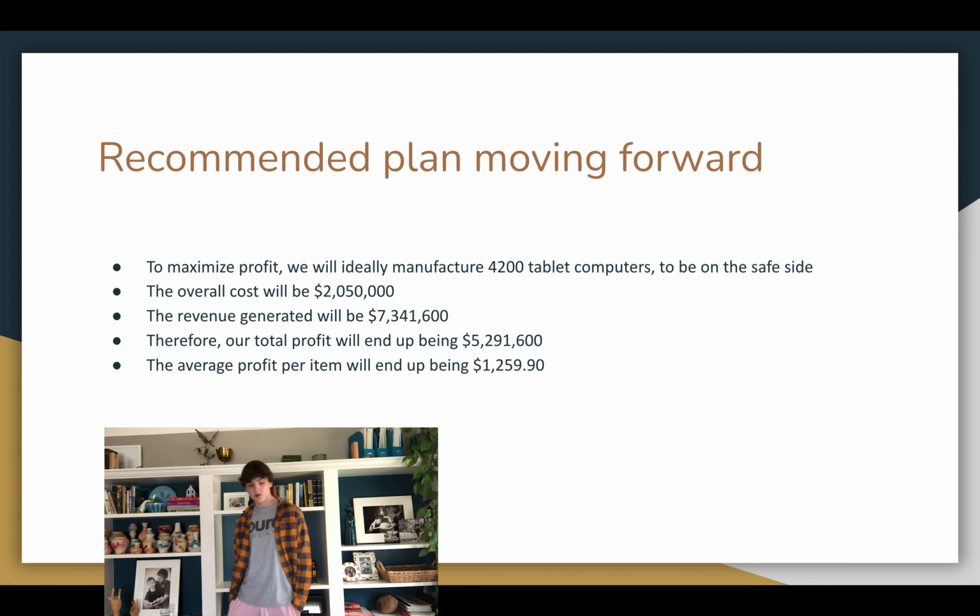So a lot more than the overall cost, and we'll be making plenty of profit. Profit will actually end up being around $5,291,600. And as calculated before, the average profit will end up being around $1,259.90, or $1,260 essentially, right around that range.